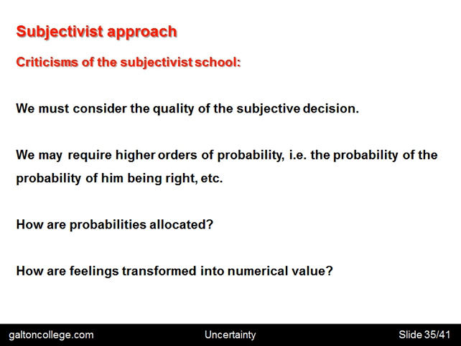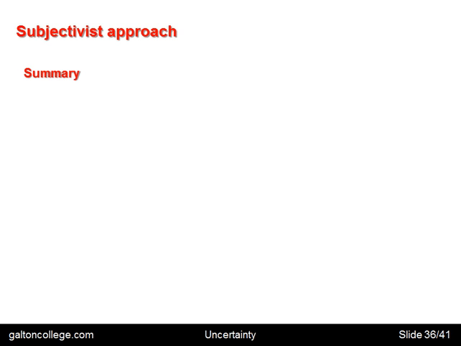Why did I get 90%? I just made it up. So how are feelings transformed into this, and how do we allocate the probabilities between different ventures, between different decisions? So the subjectivist approach has got issues.